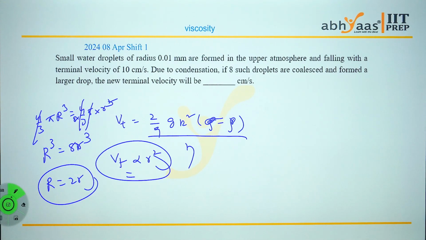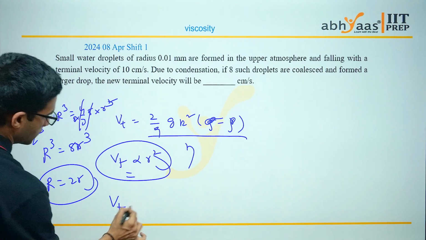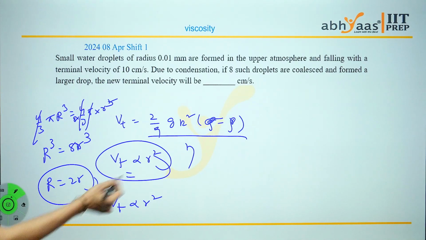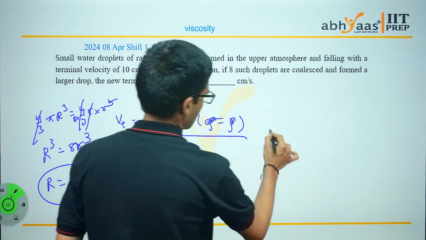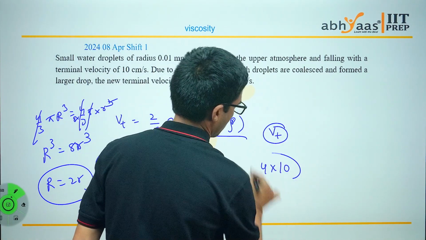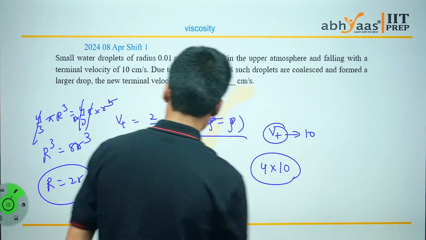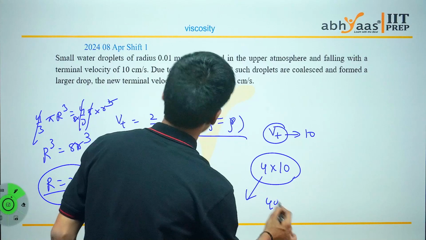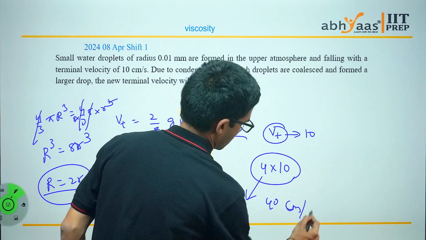So if you see, finally what happened, Vt is proportional to r square. r becomes 2r. Then terminal velocity what you will get? So finally it is 4 into 10. Why? Initially it is 10, but it will become 2r, right? So then what happened? 4 into 10, that is 40 centimeter per second.